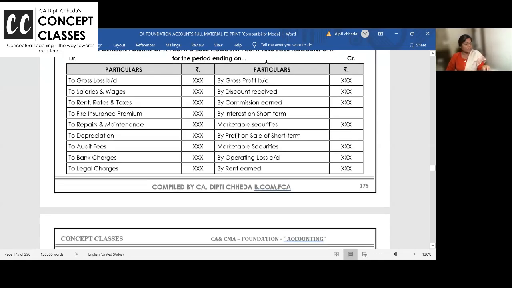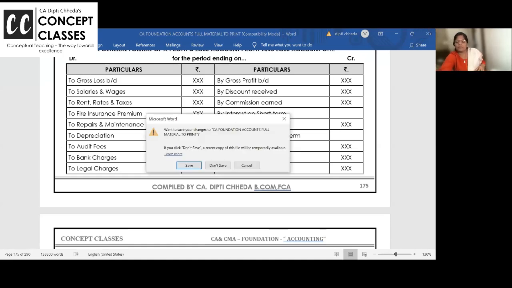As I told you, it is also called below the line. So let us see what is the format. All the major expenses related to your core trading you have taken in the trading account only.